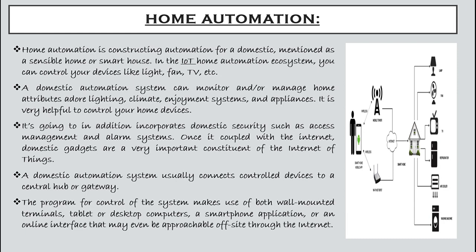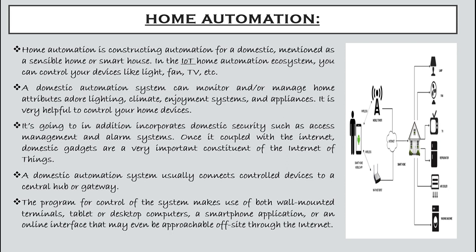The domestic automation system monitors and manages our home attributes by adjusting the lighting, climate, entertainment systems and appliances. It is very helpful to control our home devices. It also serves security purposes, acting as an access management and alarm system.